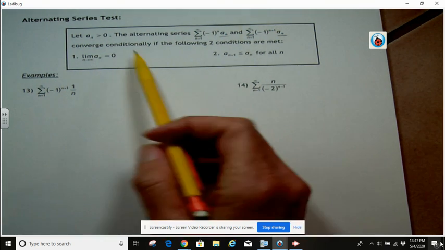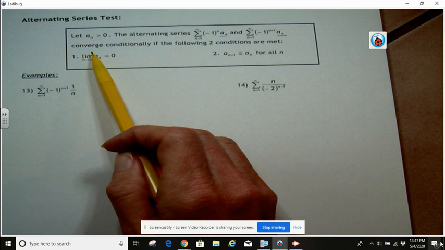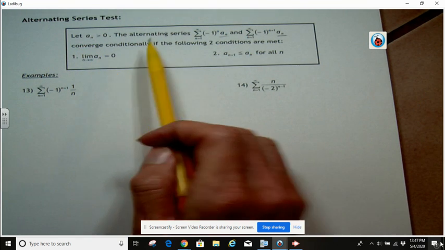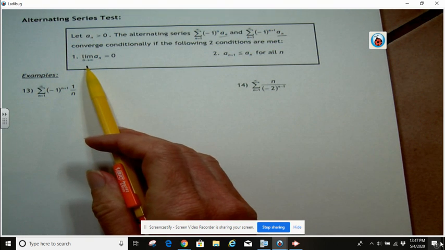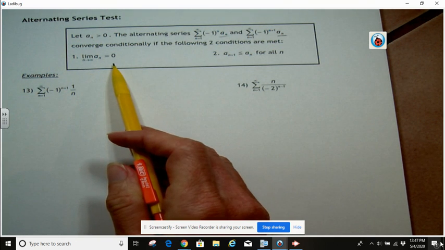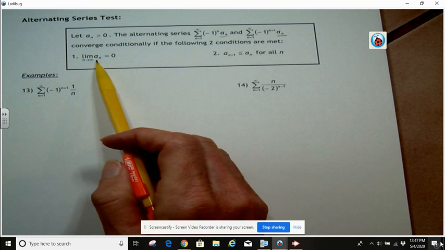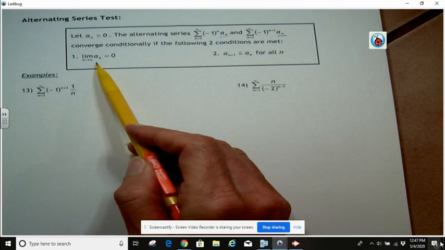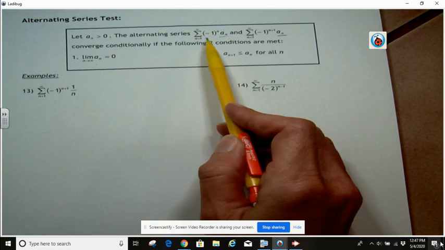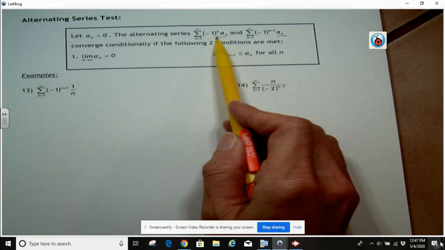Okay, so if you see this -1 to the power, then alternating series test is going to be what you need. So this is actually going to tell us if it converges, but we have 2 conditions to run through. The first is the limit to infinity has to be 0. Now notice that when you ran this test, we did not use the -1 to the power part.